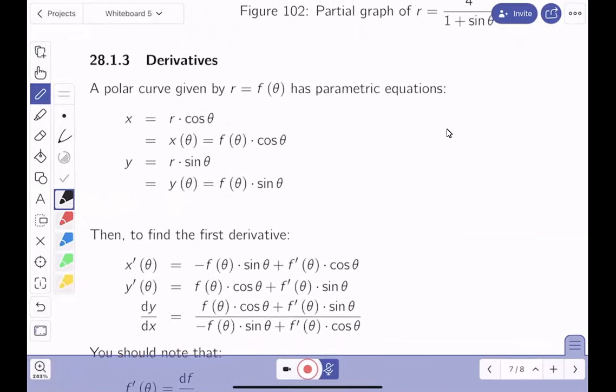So remember what x is. X is a function of theta. What's that function going to be?